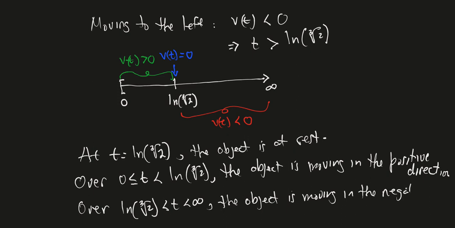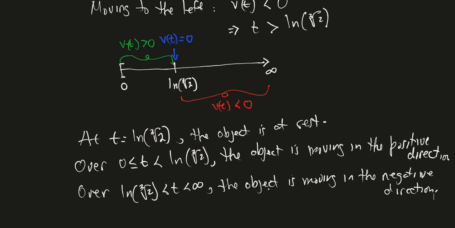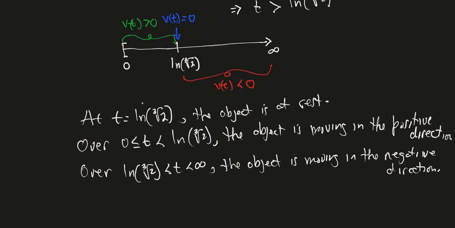And it never stops after that, right? It continues. So it's always moving in the negative direction after t equals ln of the cube root of 2. So that uses the velocity just to analyze when the object is at rest, and when it is moving in the positive or negative direction.